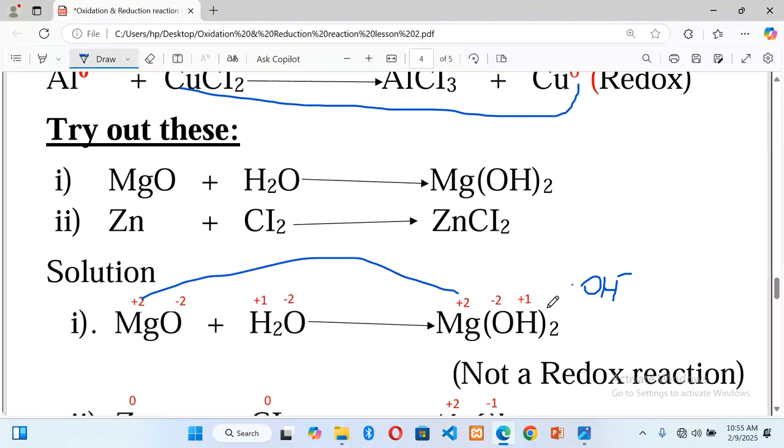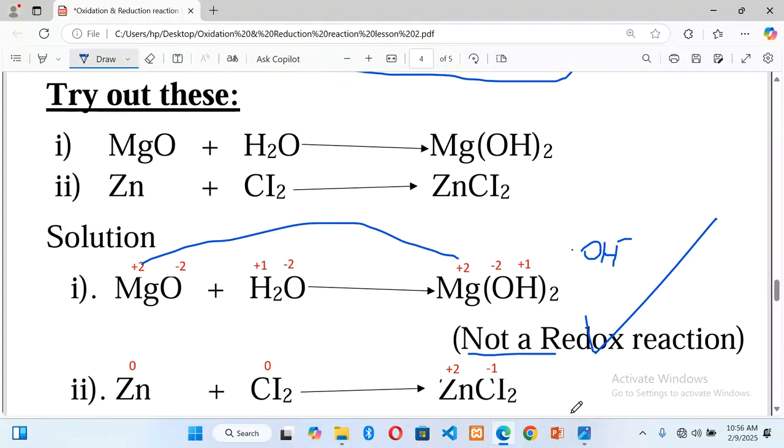No change. So you can see very well that in this case there is no change in the oxidation numbers of these substances. Therefore, we say this is not a redox reaction. So this is a very good answer. It is not a redox reaction.